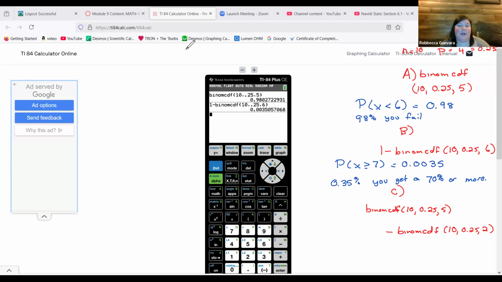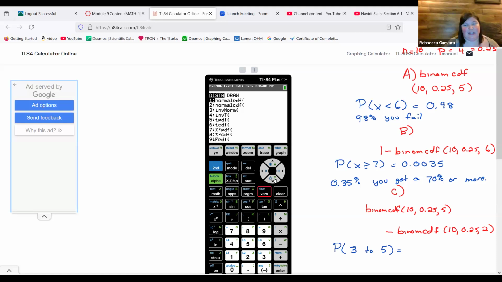And the last one, what is the probability that we were going to get somewhere between 3 and 5 questions correct? So that one requires me to do this. So I need to go second vars. Try again, second vars. I ended up hitting tangent instead.